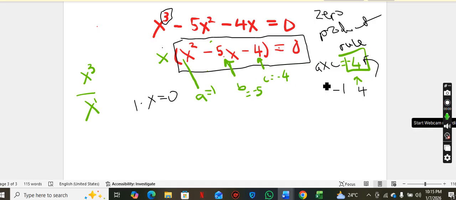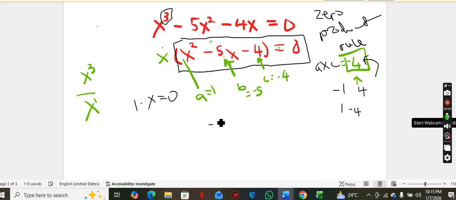You can try 1 and -4, +1 and -4. They multiply to give -4, but if you add, it won't give you -5. So you have to use the quadratic equation.